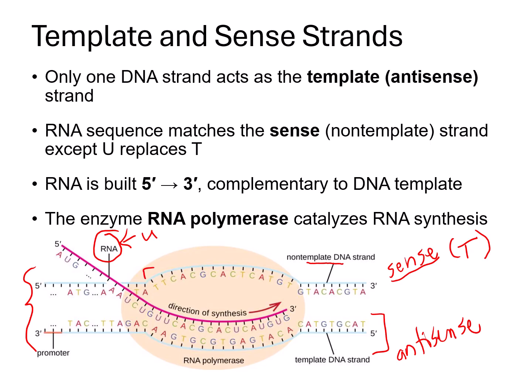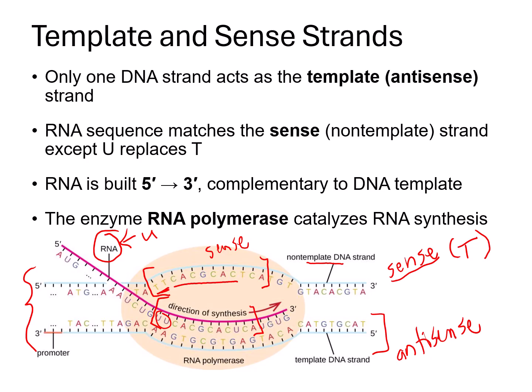So let's just look from here to around over here. Just that segment of my sense strand compared to the RNA strand that I'm forming right now, I can see that instead of T's, I have U's, and the rest of this is identical.